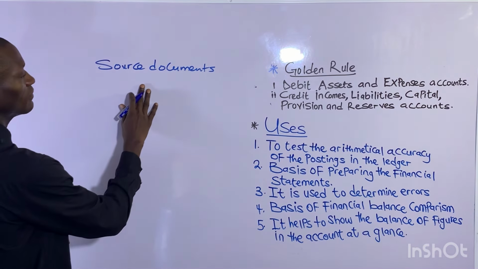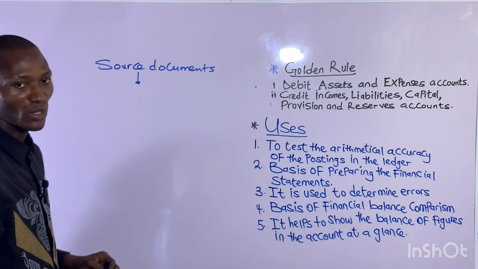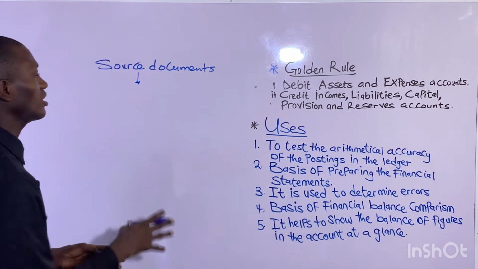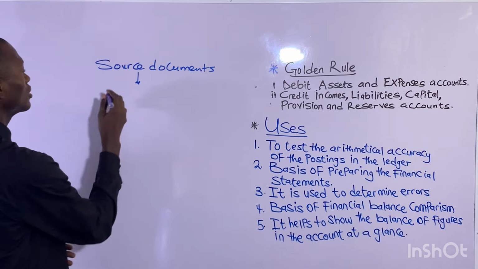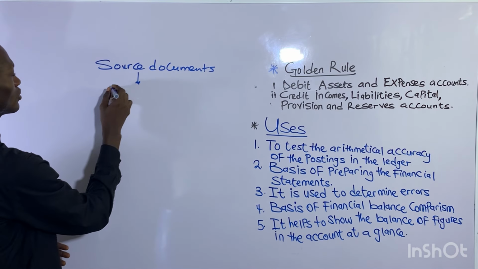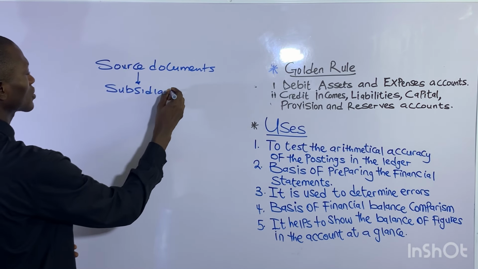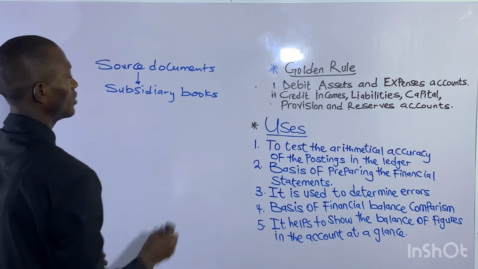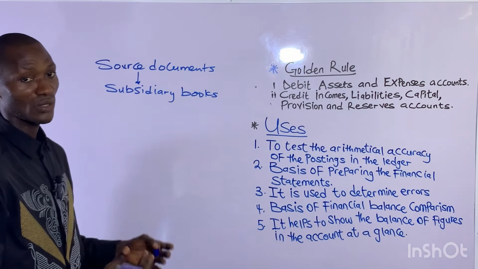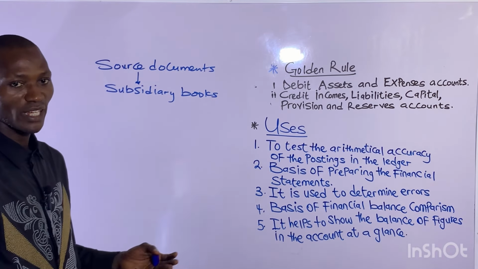Then when they are obtained from the source documents, they will subsequently be recorded or classified into different or appropriate subsidiary books. So from source documents to subsidiary books. And subsidiary books are also called books of original entry or books of prime entry.